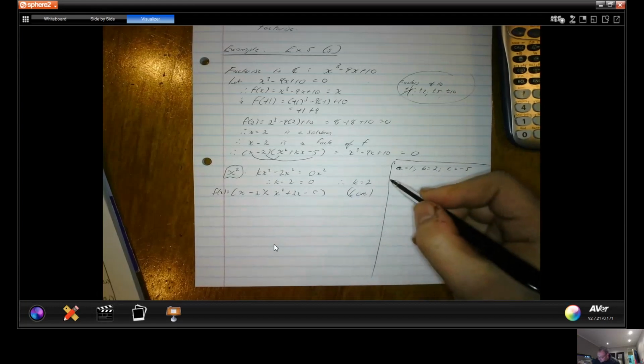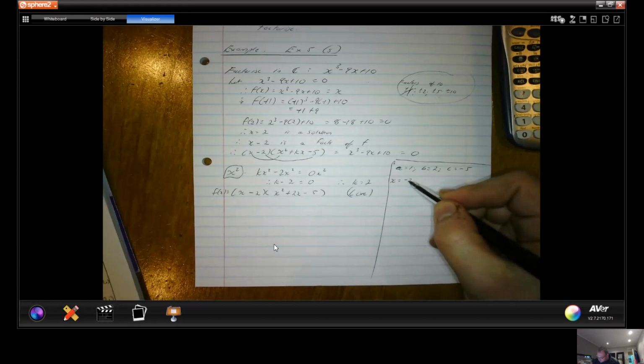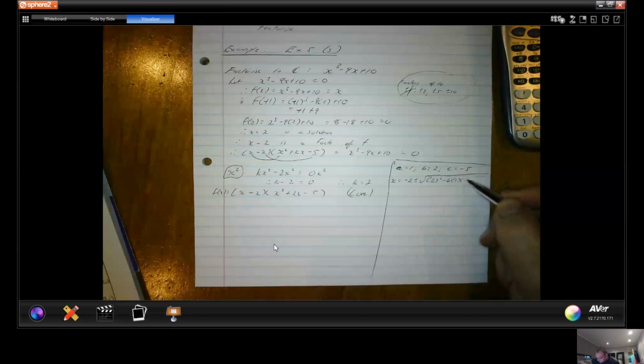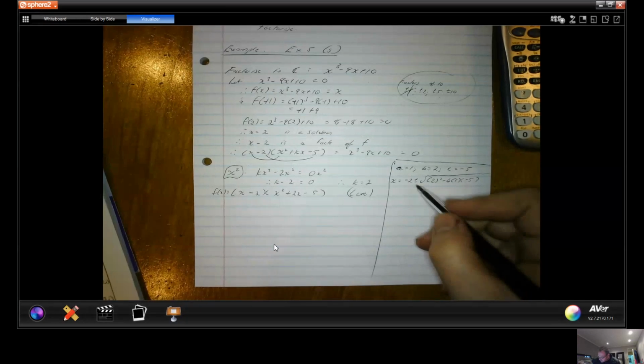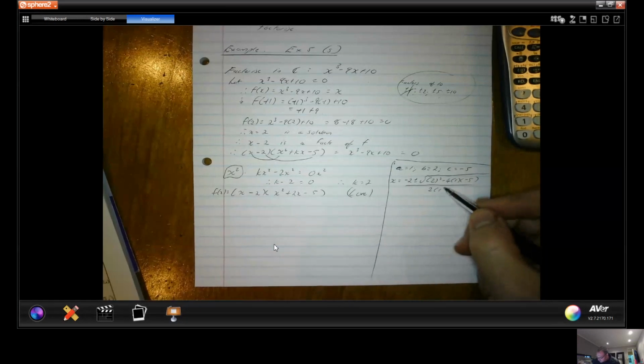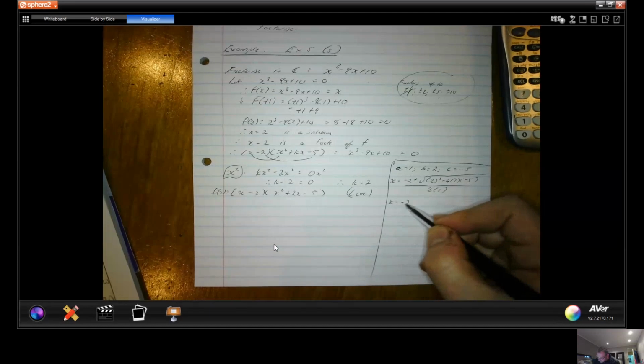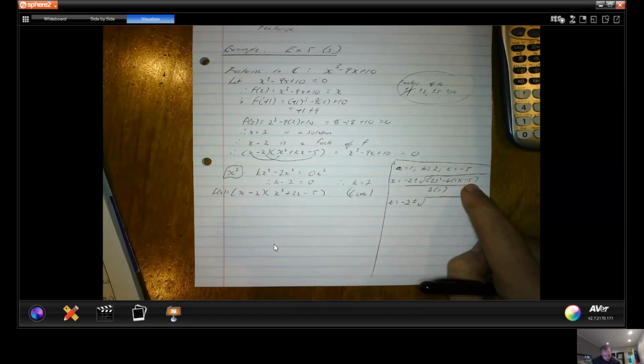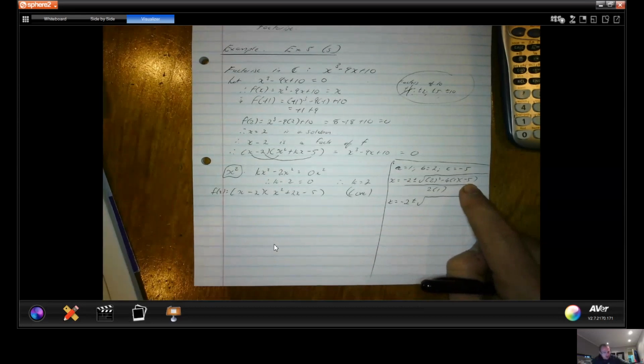If I use the quadratic formula, x is going to be equal to minus 2 plus minus the square root of 2 squared minus 4 times 1 times minus 5, all over 2 times 1, which gives x is equal to minus 2 plus minus. This is going to be minus 4 times minus 5, which is 20. So you're going to get 24.